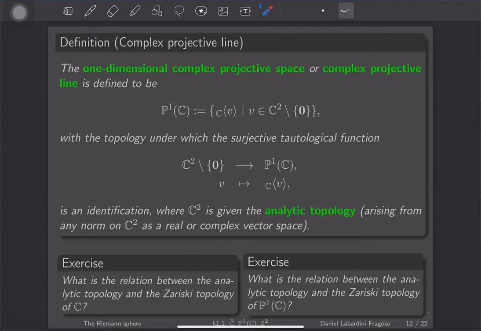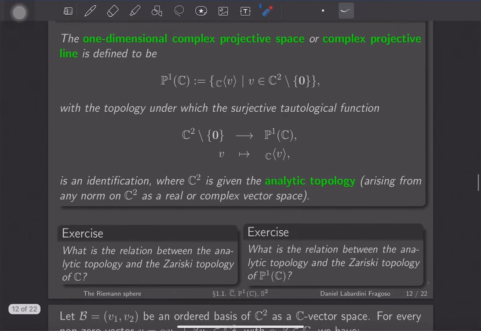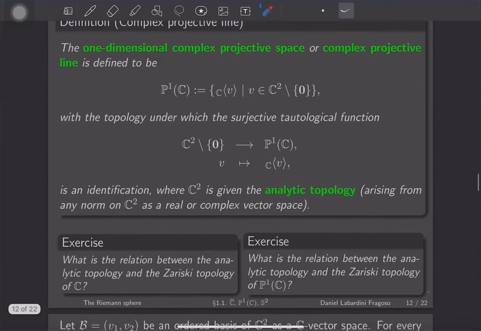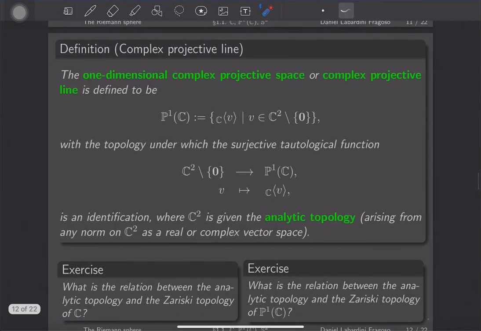But I don't want to go into universal properties today, or maybe even in the course. So is it clear now what topology we put here? At least conceptually, we declare to be open every subset with the property that its inverse image is open.